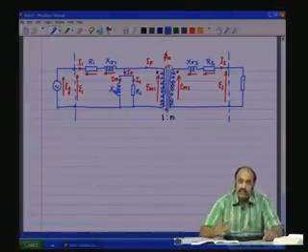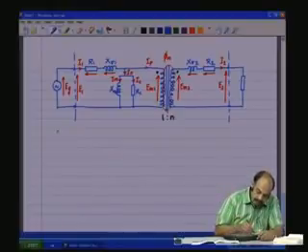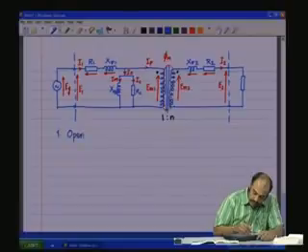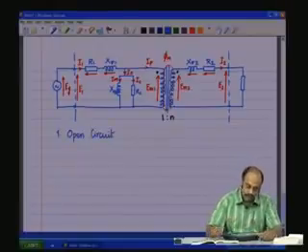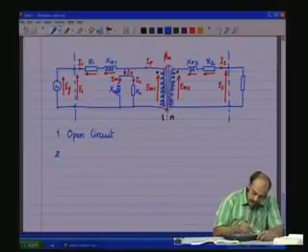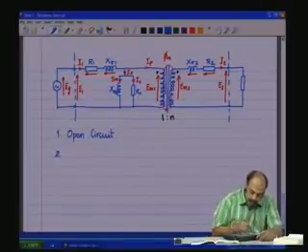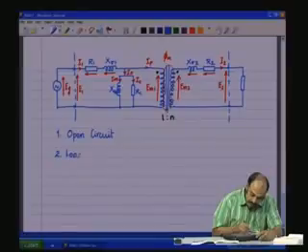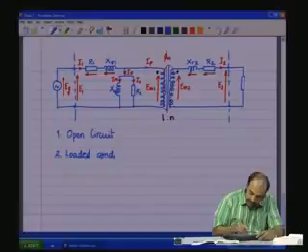So, we have two major operating conditions. One is under open circuit condition, and the second is under loaded condition.